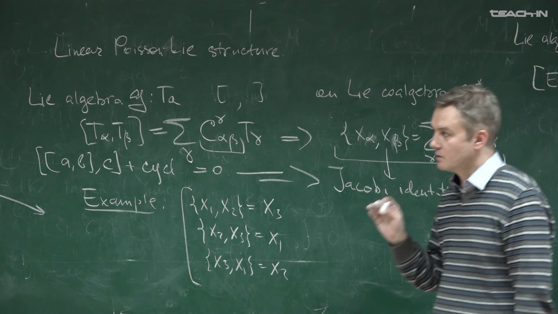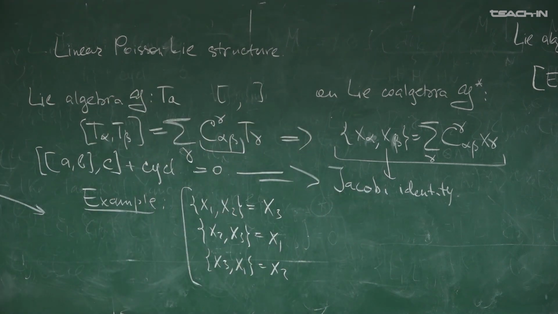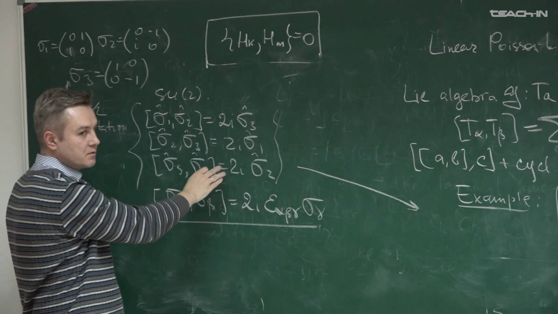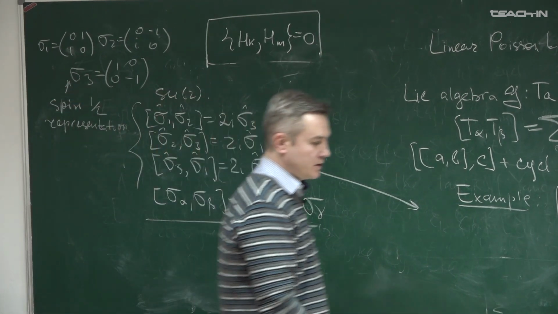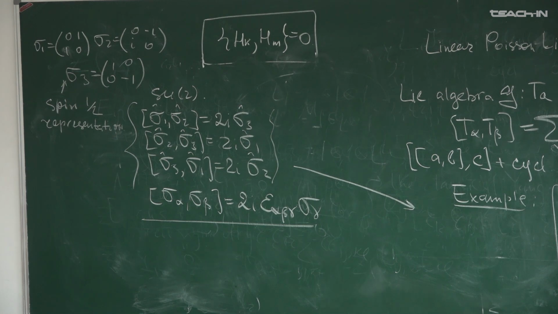At the quantum level, spin variables are related to operators of this type, which are Pauli matrices with these commutation relations. And now we discuss what kind of classical variables, what classical Hamiltonian mechanics, corresponds to these quantum objects. And this is given by the Poisson-Lie structure.